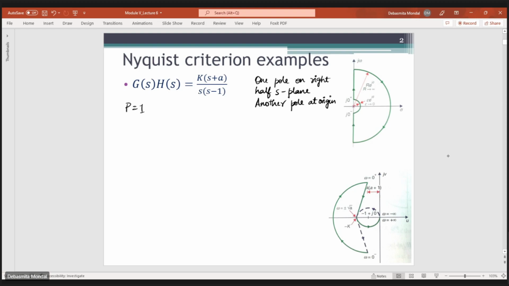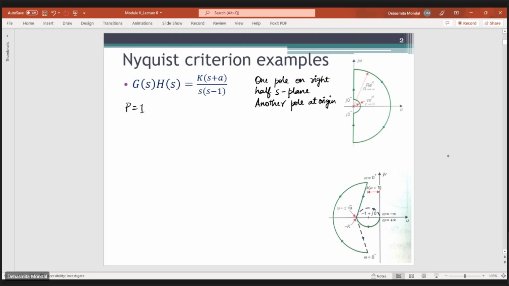Okay, so we will take each and every section of this Nyquist contour and map it onto the G(s)H(s) plane. First of all, we will rewrite these expressions. G(s)H(s) can be rewritten as Ak multiplied by (1 + s/A) divided by s into (s - 1), right? And you can simply substitute the value of s with j omega.